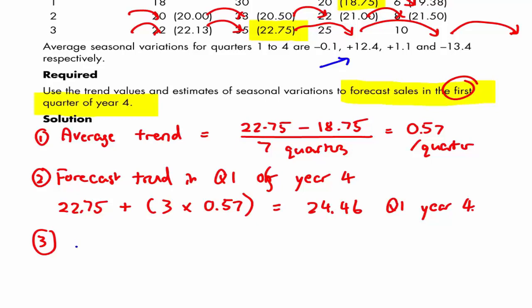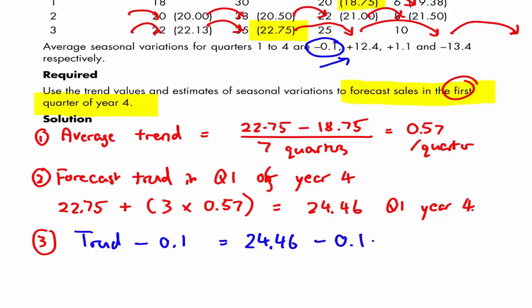And therefore, once I've got the trend figure, I add or subtract, and here it's subtract, the seasonal variation. So 24.46 less 0.1 becomes 24.36. And that's the forecast.